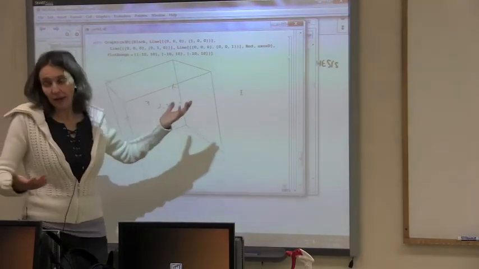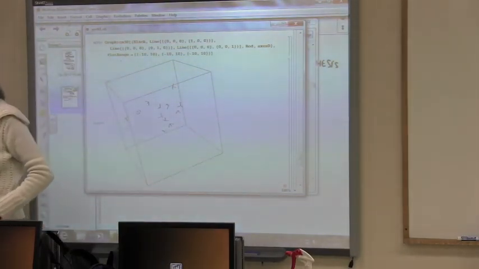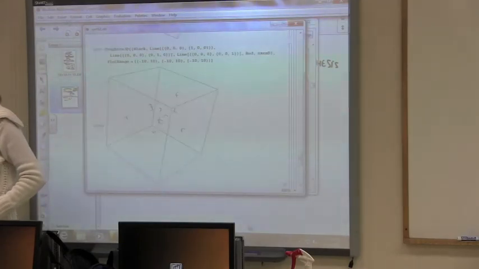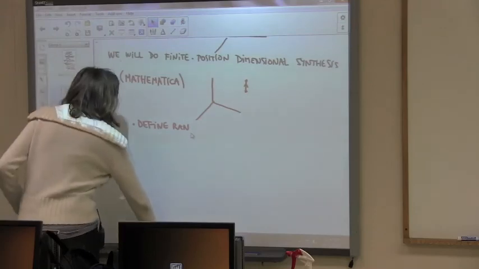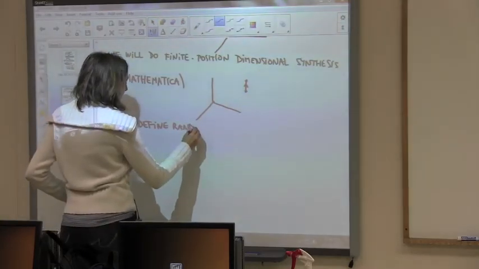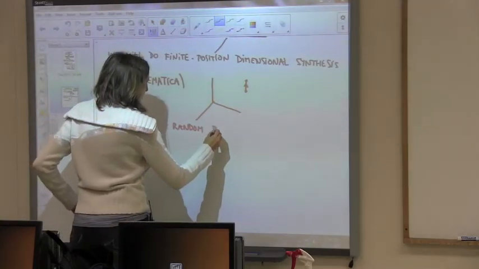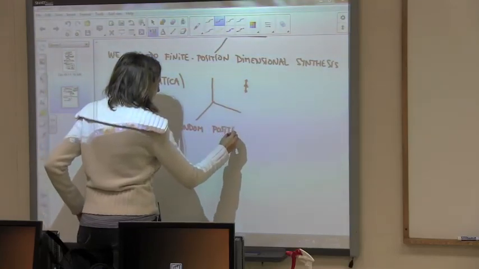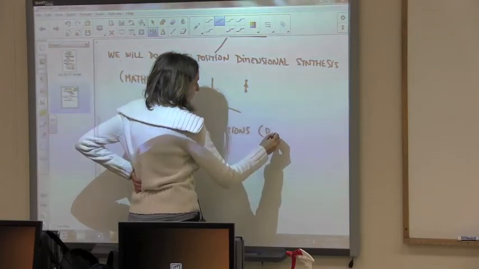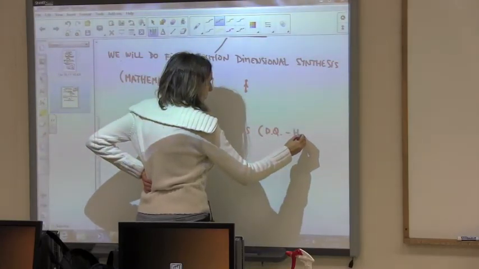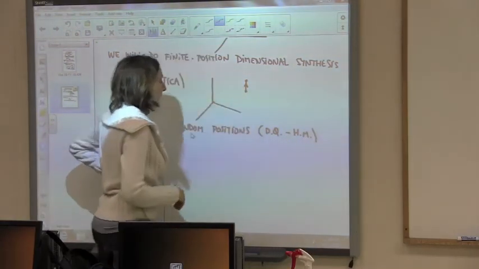Then you can see if you like the task that you are going to be using or not. So this is what we do with Mathematica: define random positions, and you can use dual quaternion or homogeneous matrix, whatever you like better.